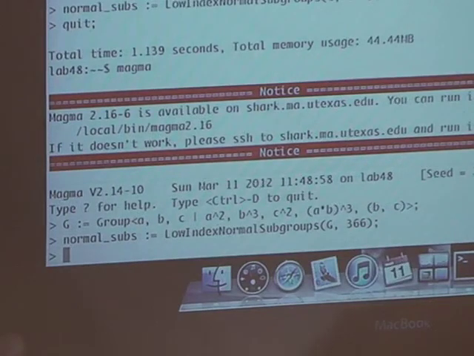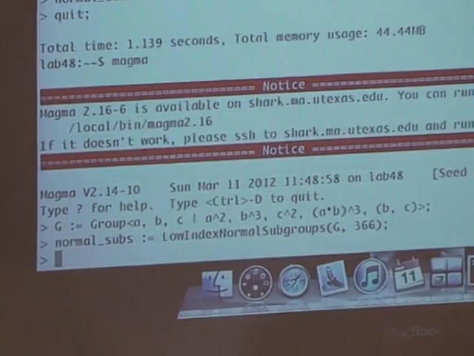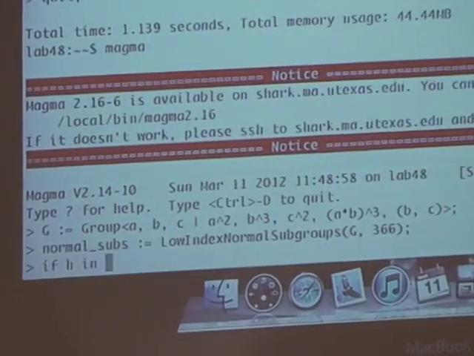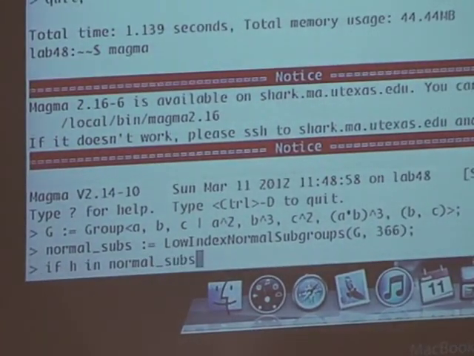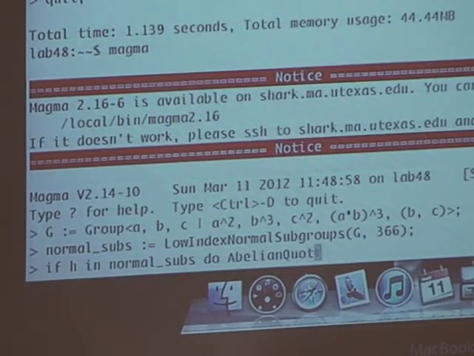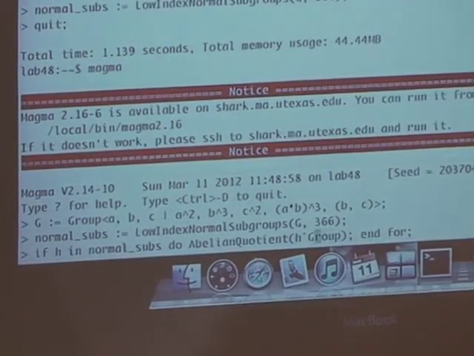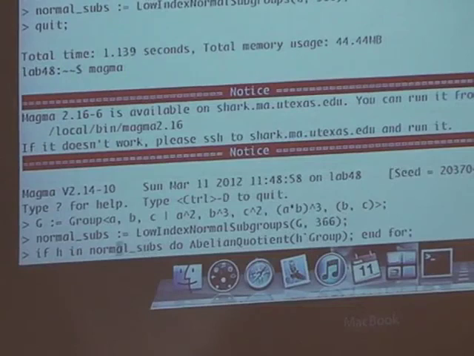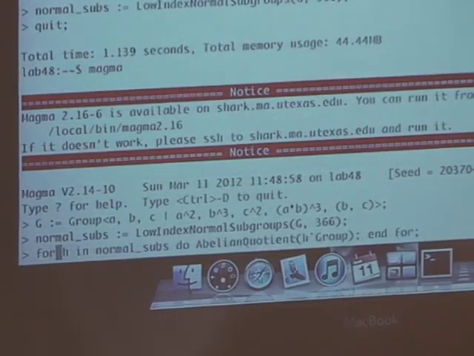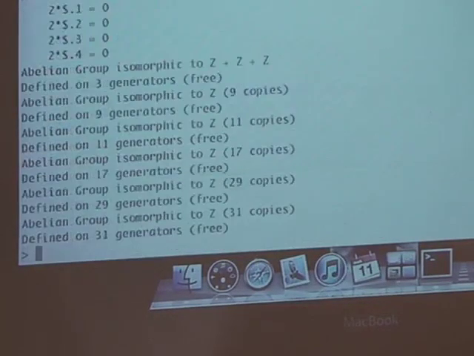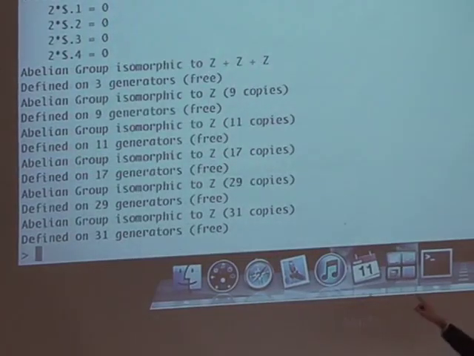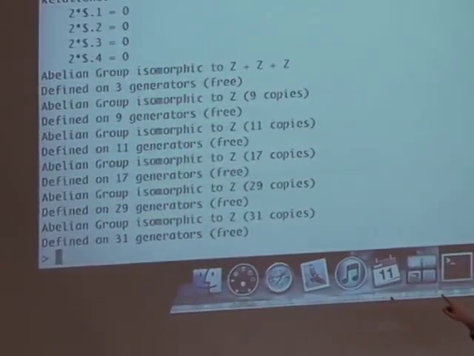So now I'm going to have to type if H, Abelian quotient H. I need to access the group because there's also a homomorphism there. And that should have been 4. So all of those groups have free abelian quotient.